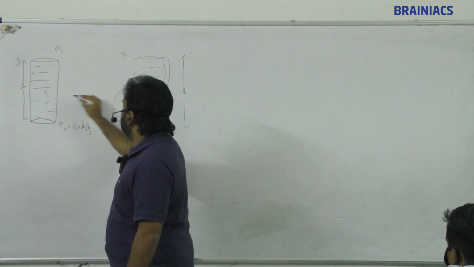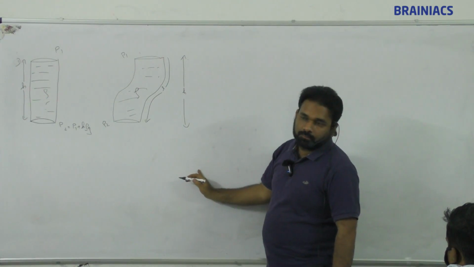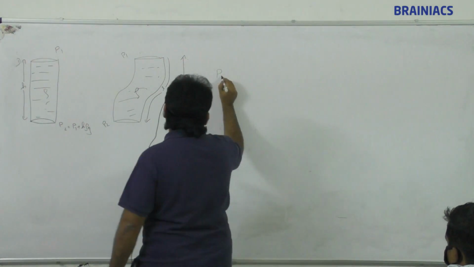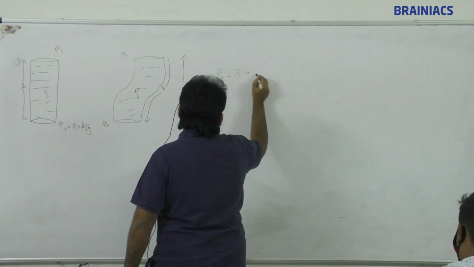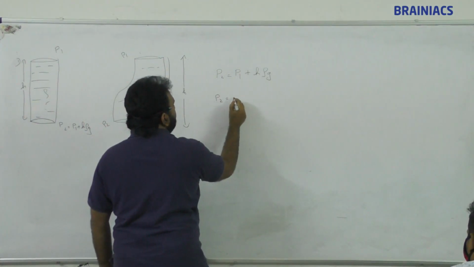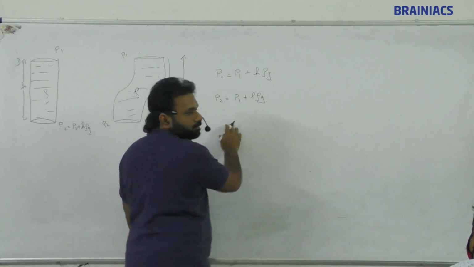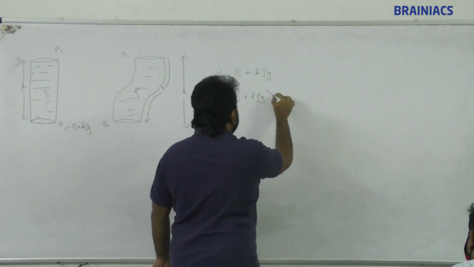Same fluid, rho. What should I write? P2 is equal to P1 plus rho G. Okay, this is wrong.